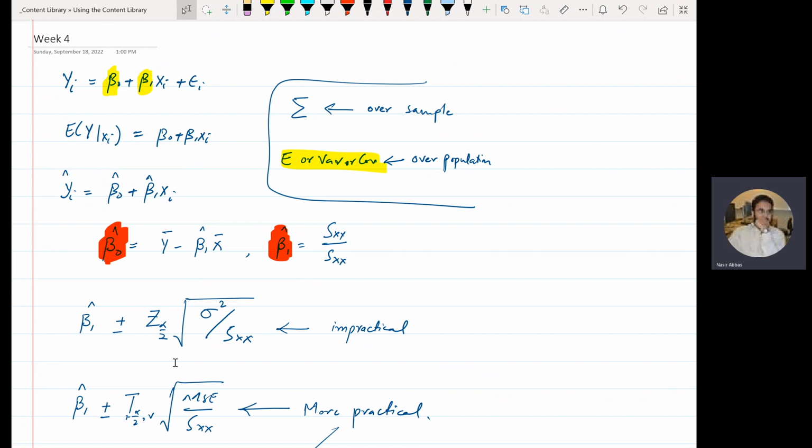With respect to beta 1 and beta naught, they are constant everywhere, whether sample or population. X bar is constant, Y bar is not constant, because we are assuming X is fixed. These operations will not apply on X.